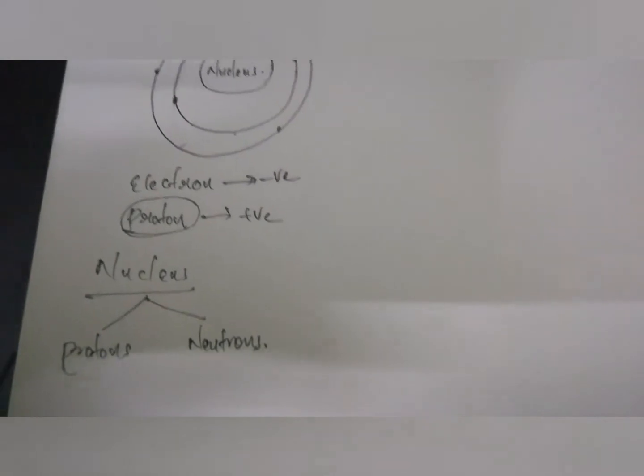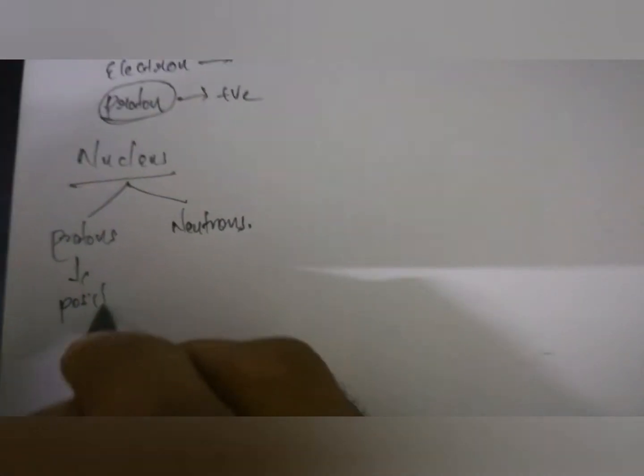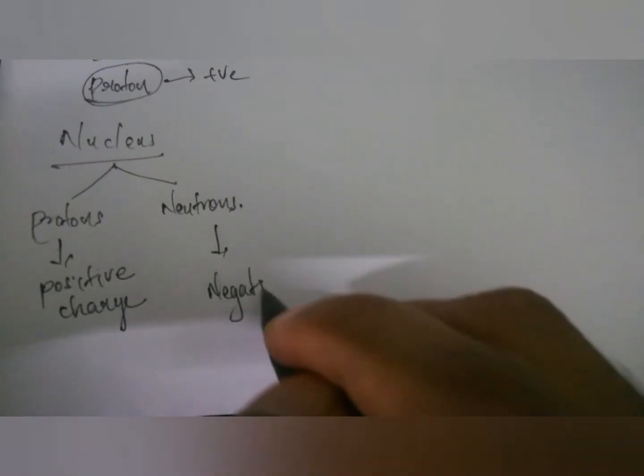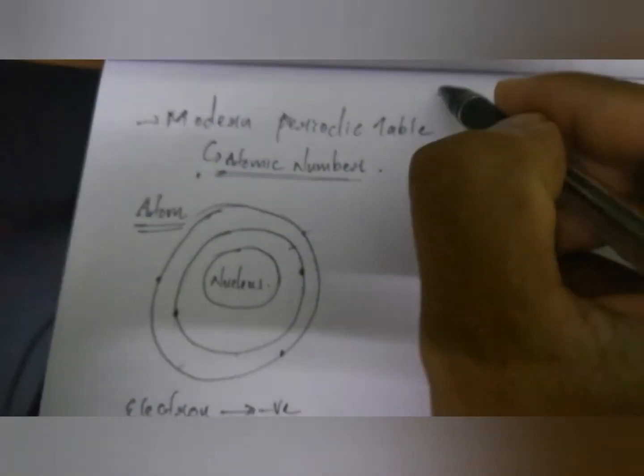Protons have a positive charge and neutrons have a negative charge. Okay, done.